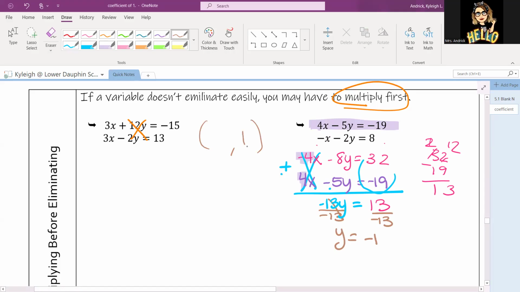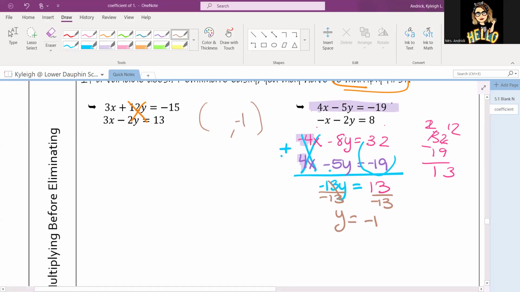Remember, our answer's in ordered pair. So we have y. We still need to find x. So we plug that y back into one of these two equations. It doesn't matter which one. It's your choice. I'm just going to plug it into the top one, I guess.